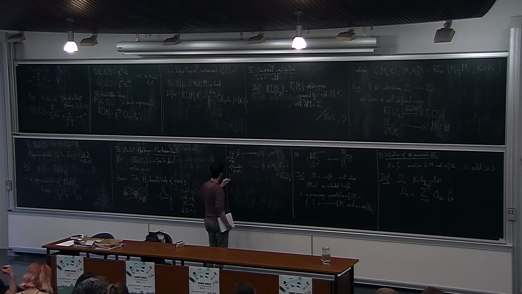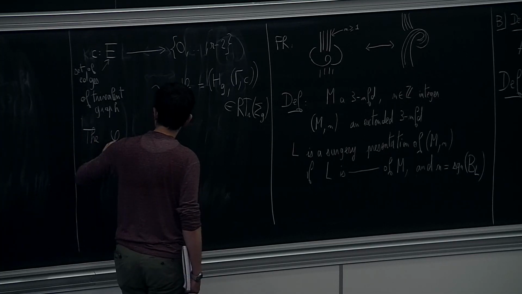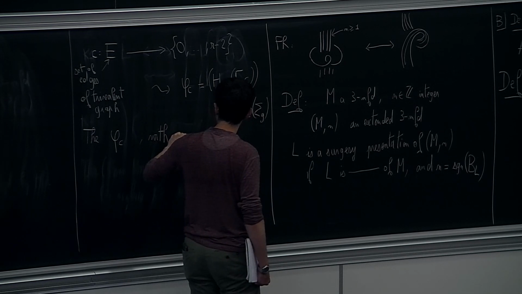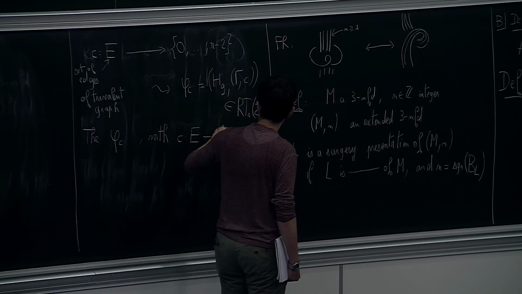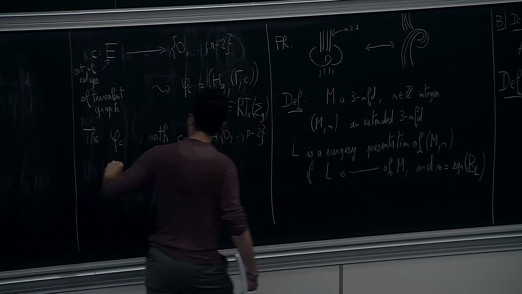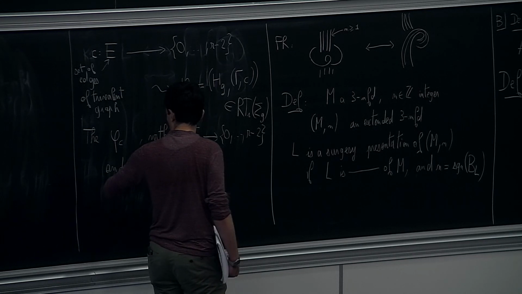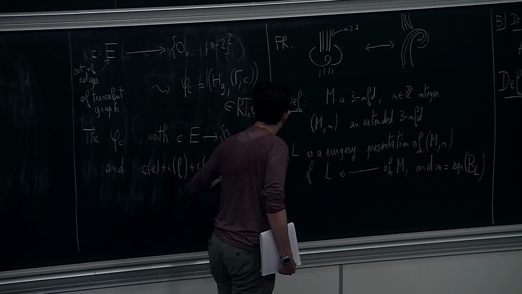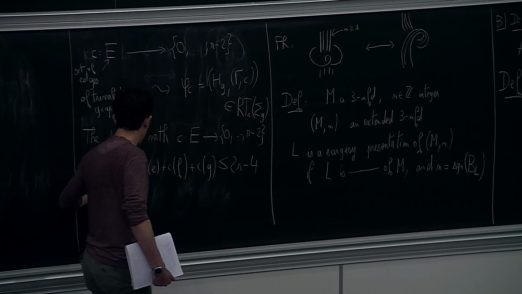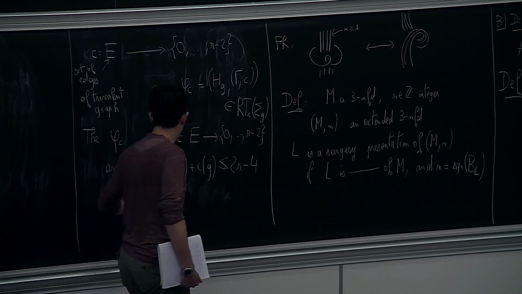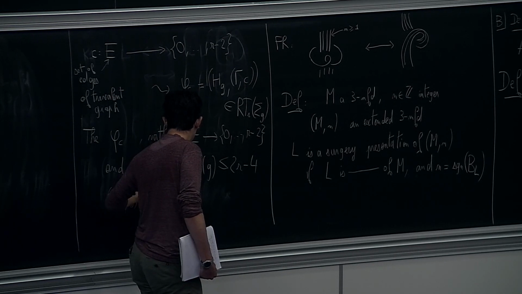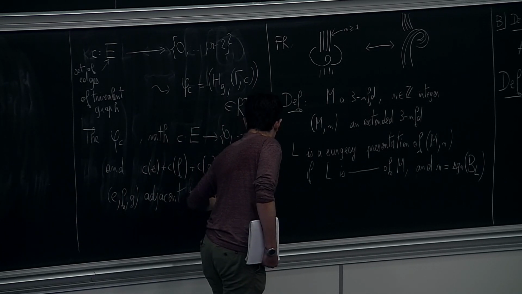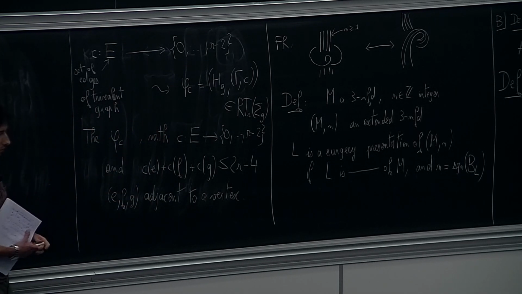So the phi_c with c from 0 to r minus 2 and c(e) plus c(f) plus c(g) less than 2r minus 4, if e, f and g are adjacent to the same vertex, those give us a basis of this vector space.